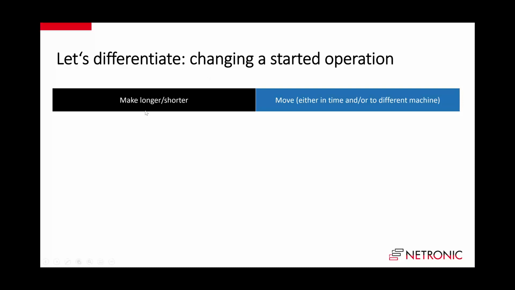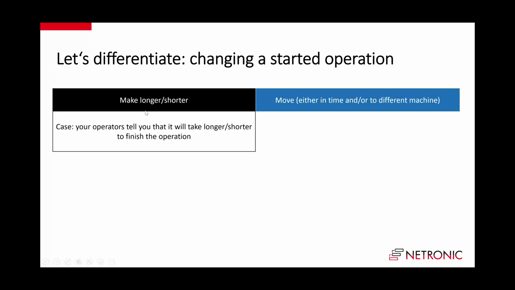So let's start with make it longer or shorter. Well, the case is pretty clear, right? Your operators tell you that you will need longer or shorter to finish the operation. So you planned for a certain time, and now that this operation is running, you have some new insights, maybe on the material or on some other quality criteria, or the performance of the machine.